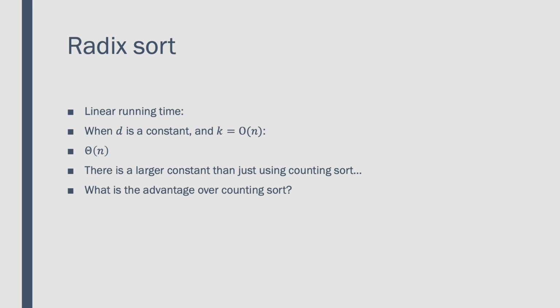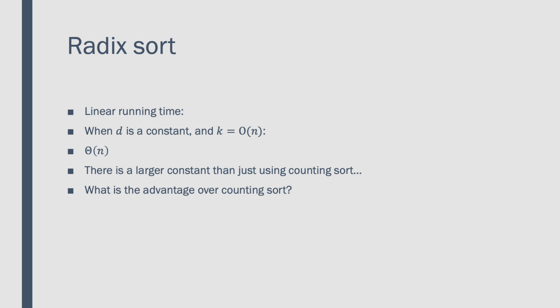So now that we have explored the time complexity of Radix sort, let's see when it achieves linear performance and how it compares to counting sort. Radix sort can achieve linear time complexity under specific conditions: when d is a constant, so the number of digits doesn't grow with n, and when k is big O of n, so the range of digits is not significantly larger than the number of items.